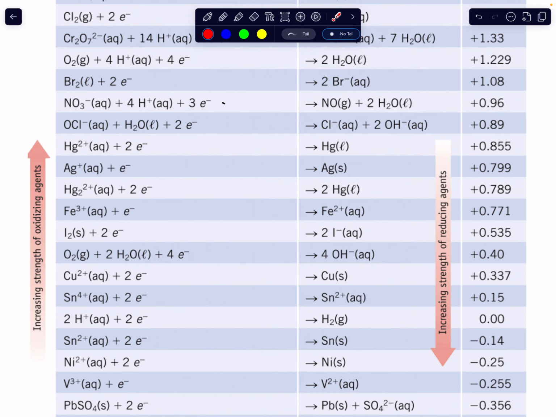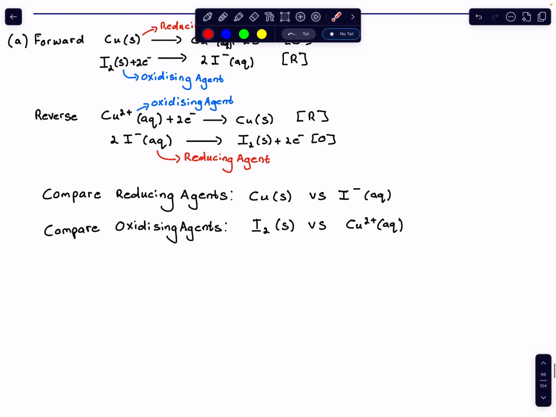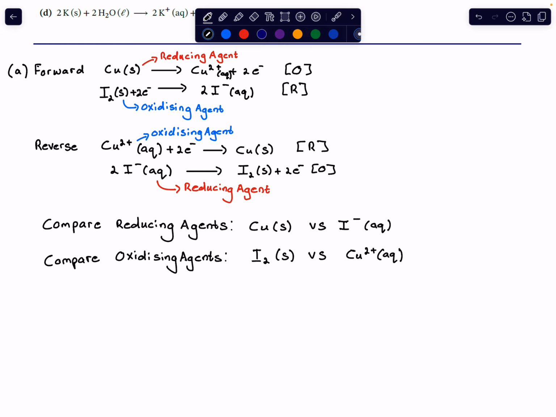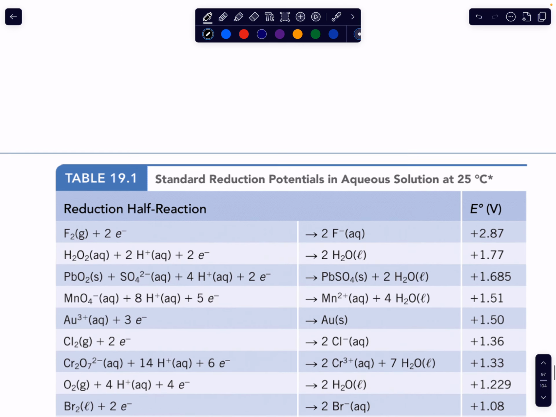So that means that copper solid is the stronger reducing agent than I minus. Why?